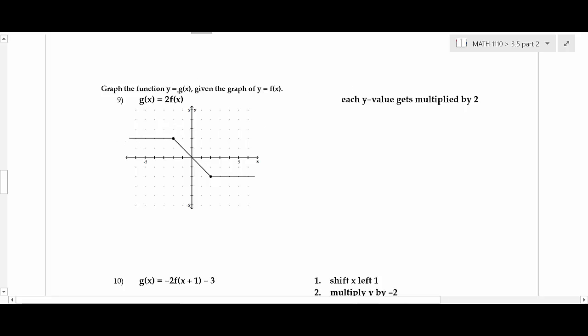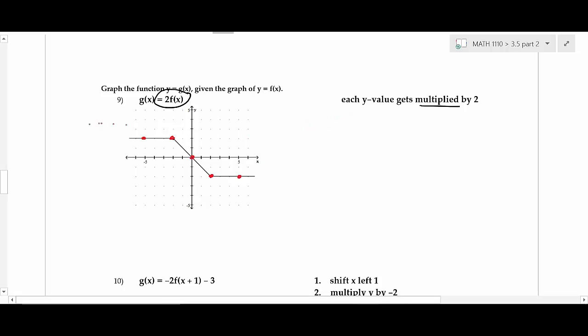So what we're going to do is graph this on the same graph. So what this is saying is that 2, that's going to multiply all the y's by 2. So what I'm going to do is just take some of these special points on here. I'm just going to pick some points, including like this one here and that one there. And then all we're going to do is make the y values multiply by 2. Okay?